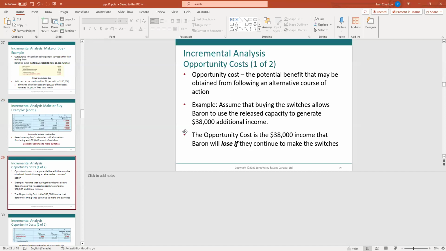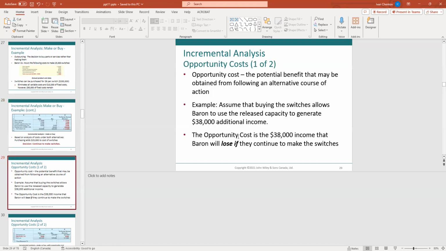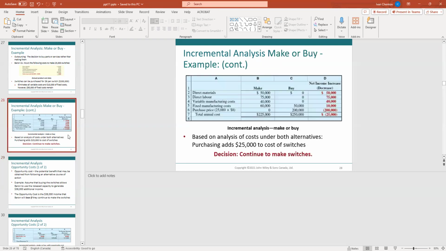Now, if we consider the opportunity cost, which means that if we decide to buy it, that will free our resources. We're going to have space, we're going to have labor resources. And if we manage somehow to generate additional income from the resources that we free, if we generate $38,000, the $38,000 is going to be enough to cover the $25,000 unfavorable difference in the situation when we buy.